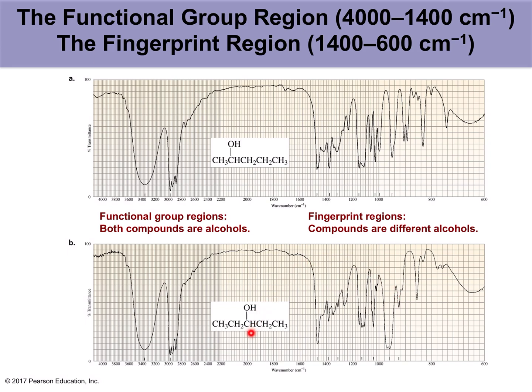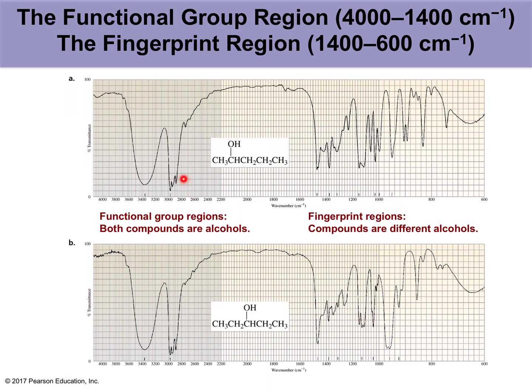Normally, if you want to identify a compound from IR, we need to know the IR spectrum of a known compound. And then once you get the IR spectrum for the compound that you are interested in, you're going to match the fingerprint region.